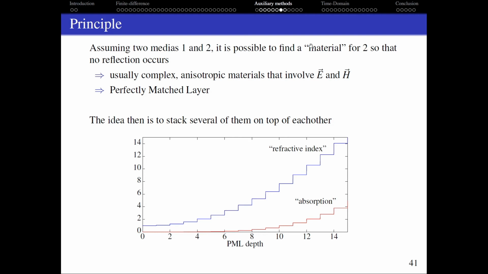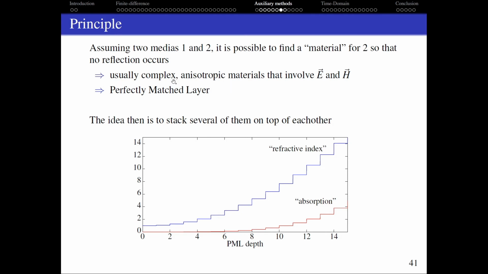And it is possible to find a very strange material for medium 2 so that there is no reflection of light on the boundary between both. But this material is complex, anisotropic, and it combines both E and H, and those are what we call the perfectly matched layers. Perfectly matched because they are reflectionless. So technically speaking, this is how it works.